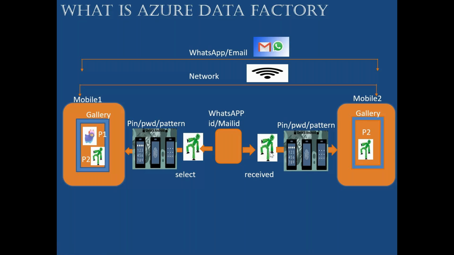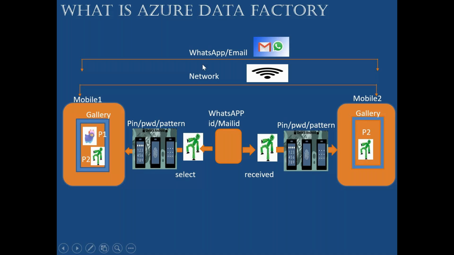Next, we are defining the task. What we want to do is send a copy of this photo to the target. So all these things we are able to do with the help of the network. This network we are using within applications like WhatsApp or email.